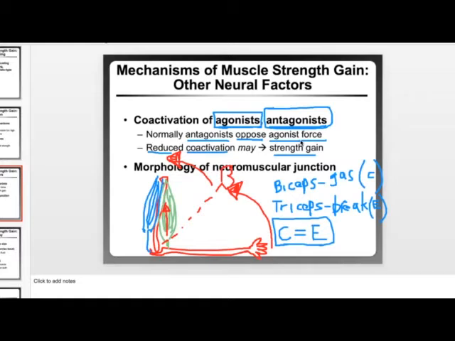Okay, and it could also be the case that at the neuromuscular junction, this is your neuron, this is your vesicles that contain your acetylcholine, this is your neuromuscular junction here, right? And then you're going to have your receptors for acetylcholine on the muscle wall, and then you're going to have your actin and myosin and here, all these striations.